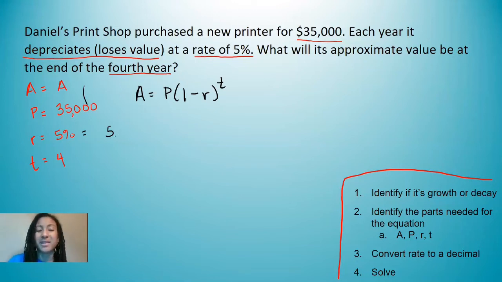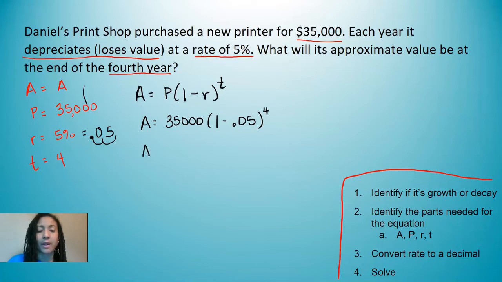So where's my decimal right now? My decimal is here. So if I were to move it 2 places to the left, my decimal will be now here. But I have this filler, so we fill it with a 0. So now we have A is equal to 35,000 times 1 minus 0.05 to the 4th.